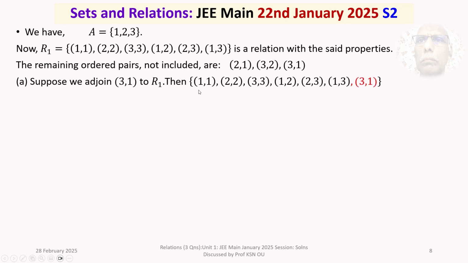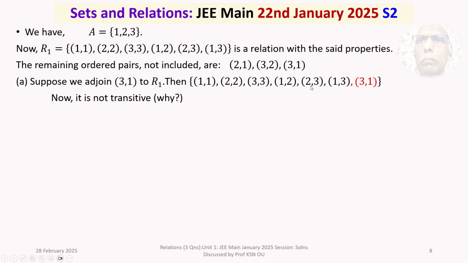Then it becomes (1,1), (2,2), (3,3), (1,2), (2,3), (1,3). Transitivity has come. Now (3,1) we have adjoined. Now, it is not transitive. Why? Because (3,1), (1,2) will imply (3,2).